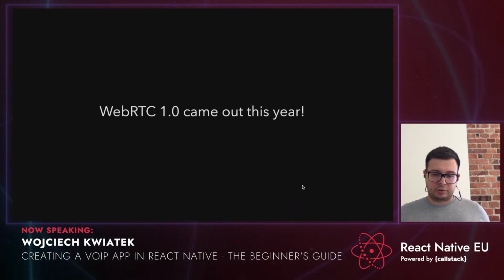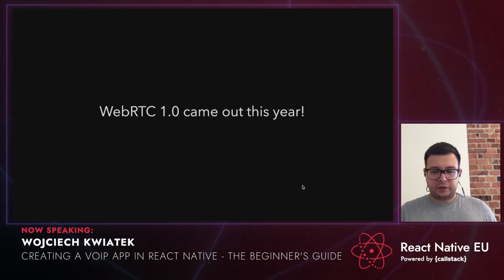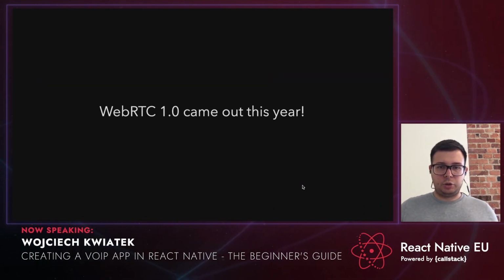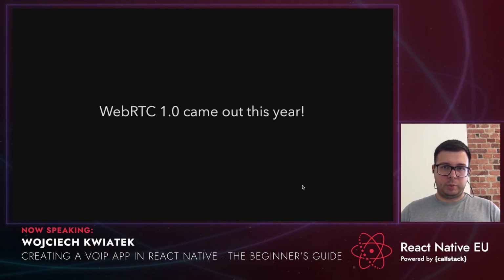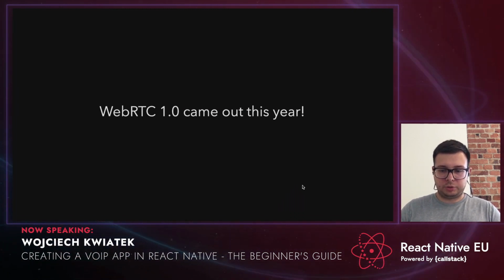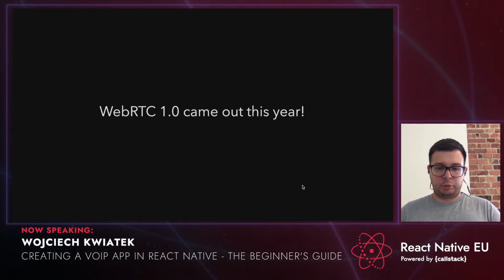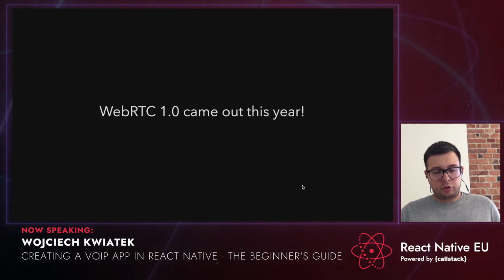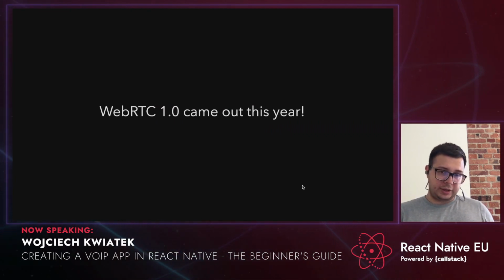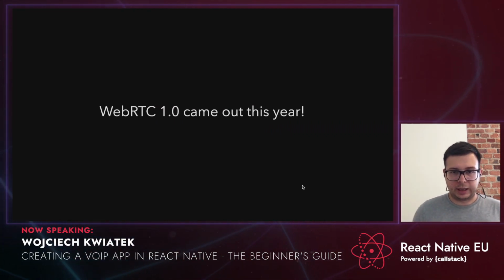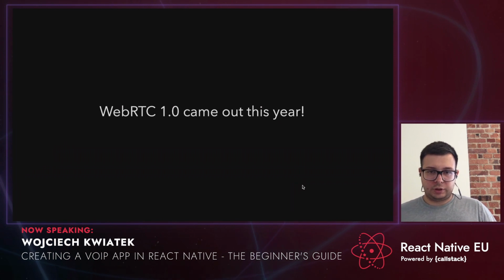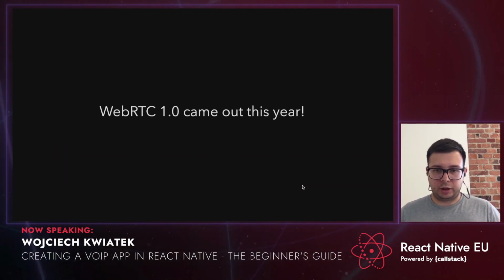So this is also a good step because previously, when using WebRTC, you may hit a wall when it comes to interoperability. I mean, there could be different implementations of the same thing, for example, on Chrome and on Firefox. So the APIs could work in a different way. After this 1.0 version, it should not be a problem at all.